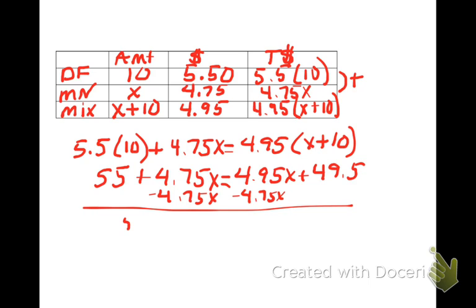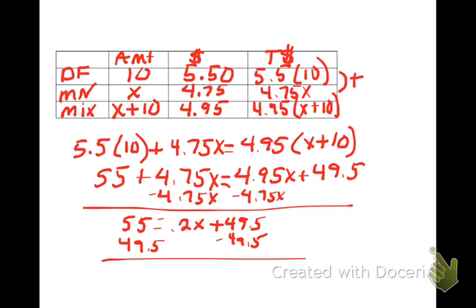And I get 55 equals 0.2x plus 49.5. So now I'm going to subtract 49.5 from each side. And I get 5.5 equals 0.2x. So I would divide by 0.2, and I would get x equals 27.5.